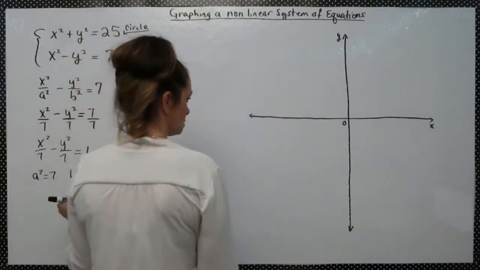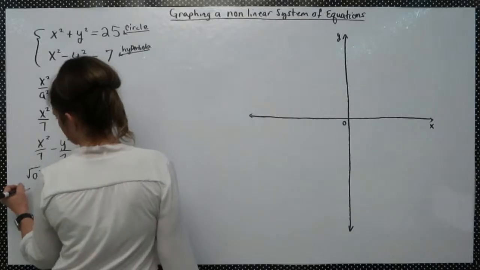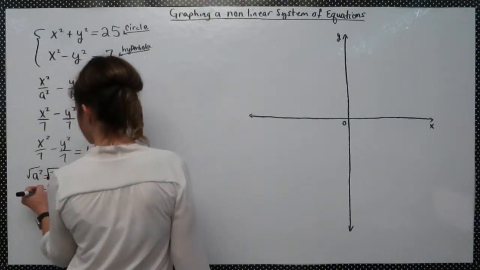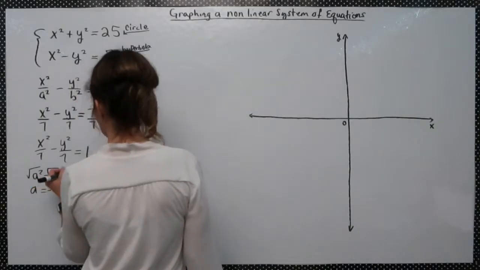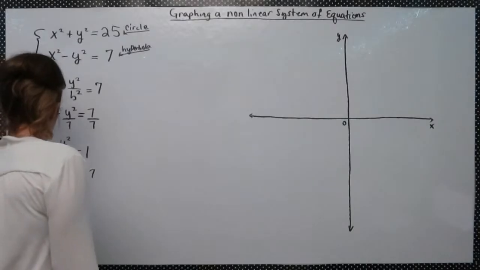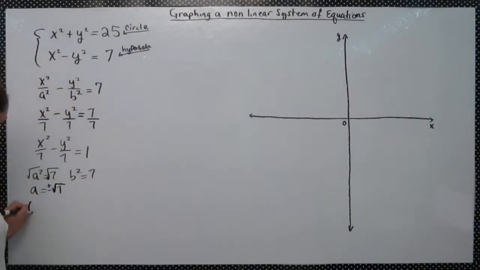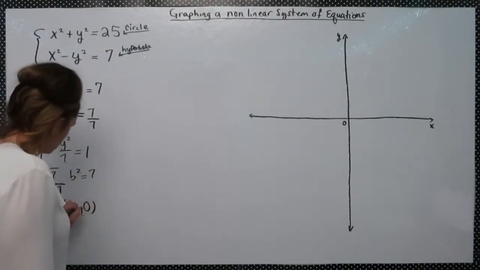And then taking the square root of a, I'm going to get plus or minus radical 7. And that is going to tell me my, I think that value a comma 0 and negative a comma 0 is the one that I calculated.